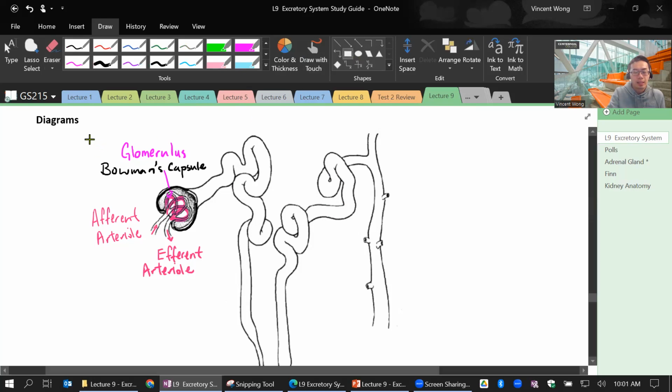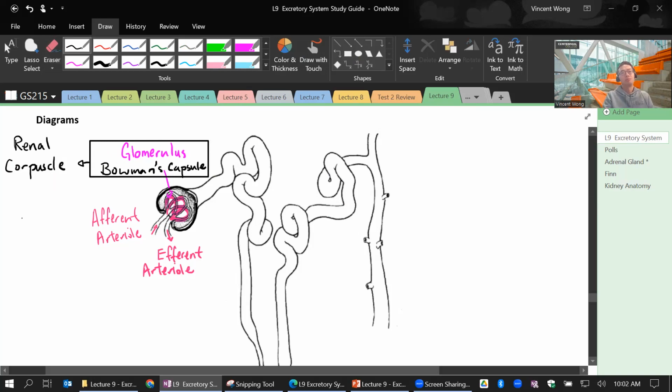And I know it's already a lot of stuff, but these two things combined are called the renal corpuscle. Like sausage plus the bun, we call it a hot dog. Renal corpuscle is the glomerulus along with the Bowman's capsule.